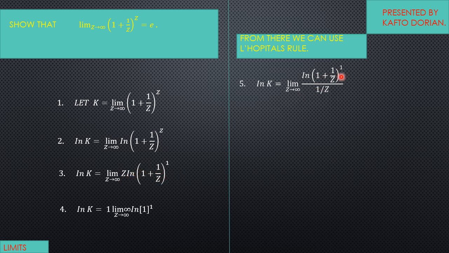So if I'm trying to simplify it here, how have I done to have the limit as z tends to infinity of ln(1 plus 1 on z) divided by 1 on z? Just remember that from point 3, I have ln k equals the limit of ln(1 plus 1 on z) raised to the power 1, as z tends to infinity.